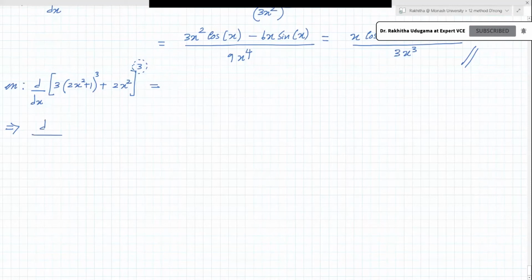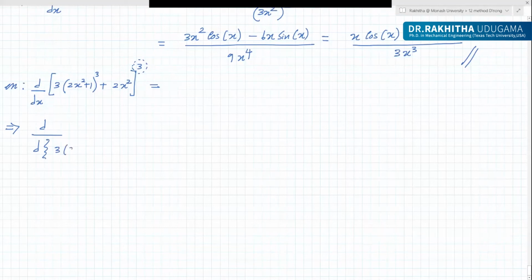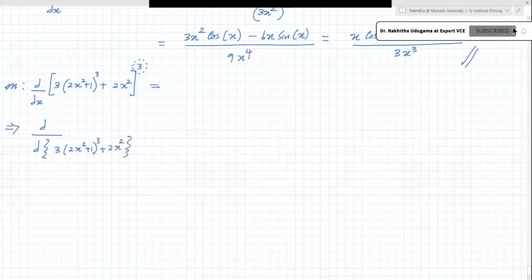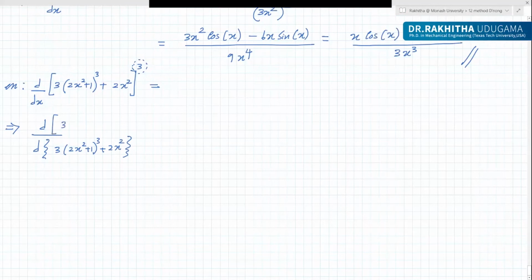So d, now be careful, 3, 2x squared plus 1, 3, 2x squared. That is my MJ there. The MJ in the numerator would be 3, 2x squared plus 1 to the power 3 plus 2x squared, and 3. Done.